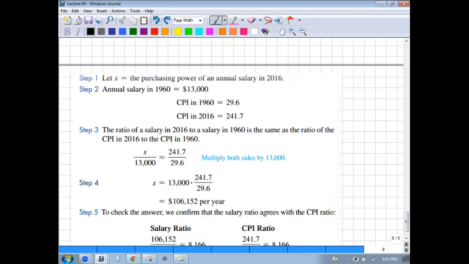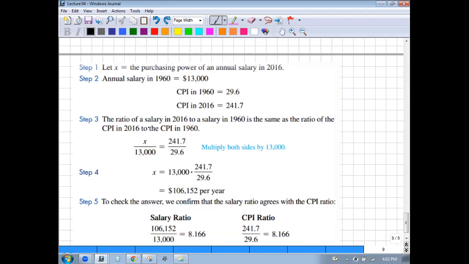All right, so what can $13,000 from 1960 buy you in 2016? So it's equivalent. We know this from the chart. Here's our CPI in 1960. Here's our CPI from 2016. What do we need to do with this? The ratio of a salary in 2016 to a salary in 1960 is the same as the ratio of the CPI.